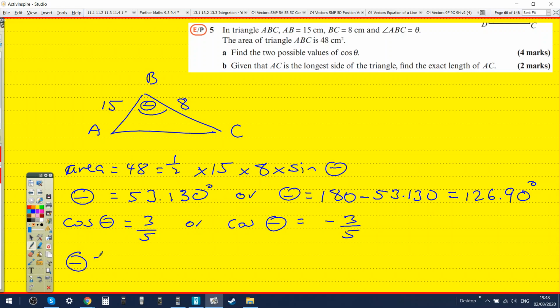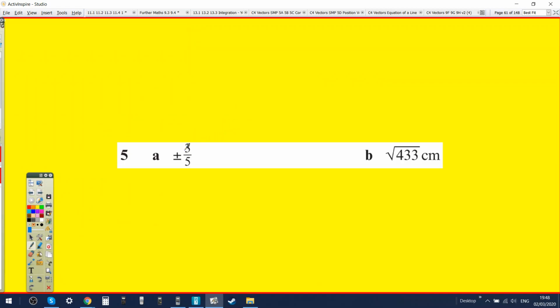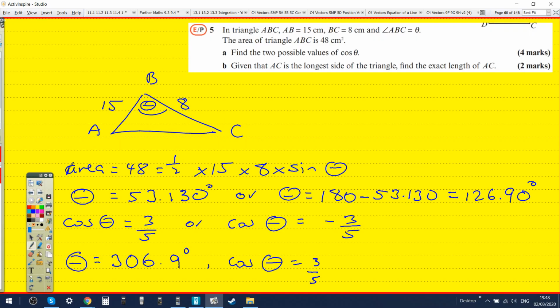I got 306.9. And so what's the cosine of that? 3/5. Is it minus 3/5? Is that the answer? Yeah, it's plus or minus 3/5. Question B: given that AC is the longest side, find the exact length of AC.